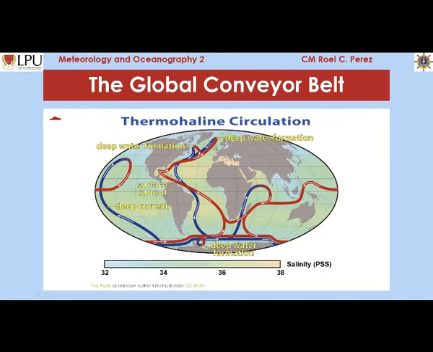So this cold water will move in this direction, in this pattern, going to the Southern Ocean, and then going back again to the coast of Africa.